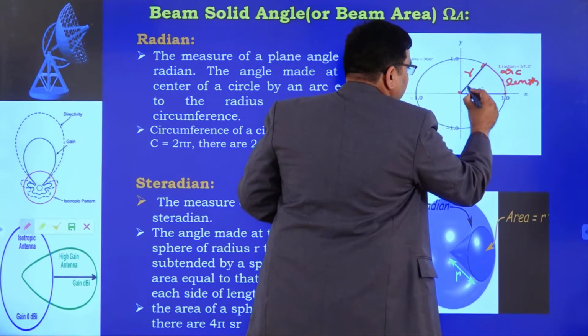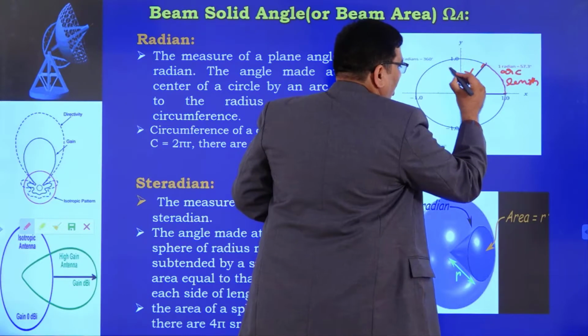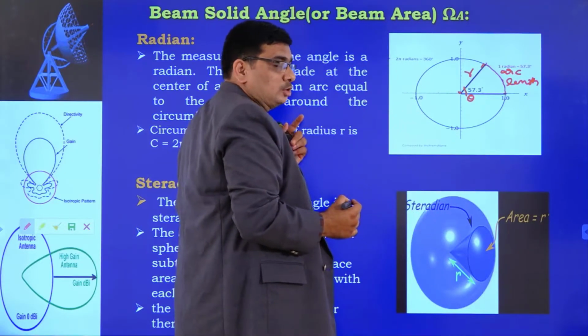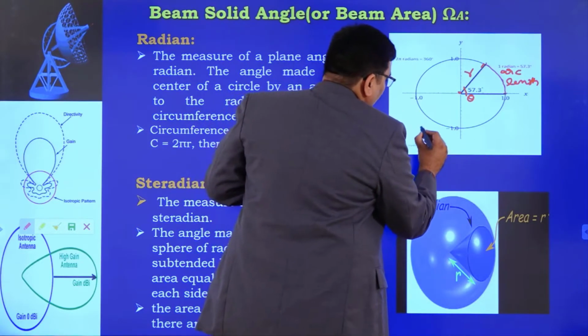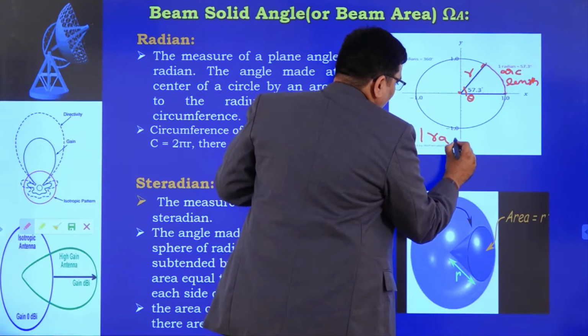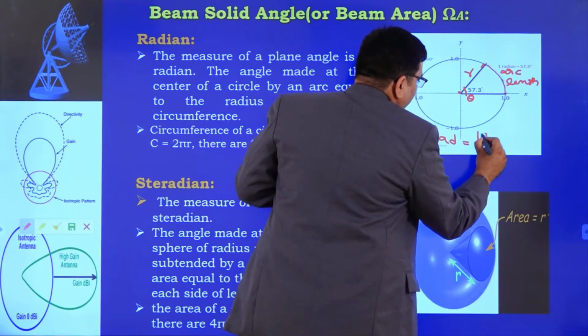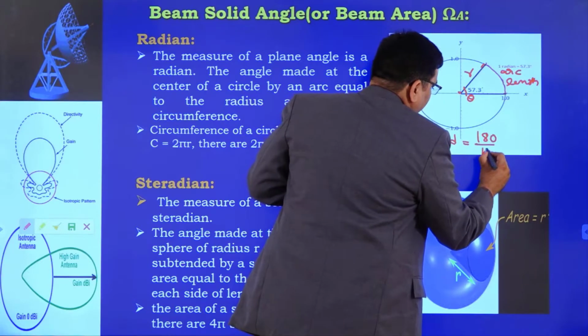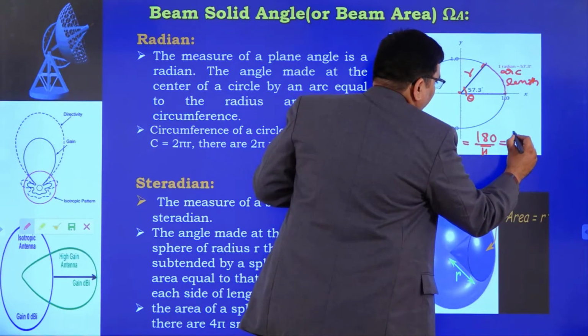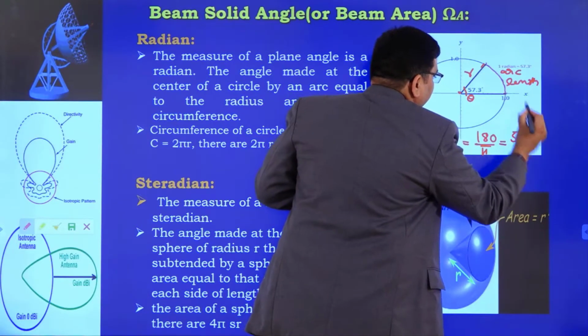This angle theta is called your radian. So, 1 radian is equal to 180 by pi in degrees, that is equal to 57.3 degrees.